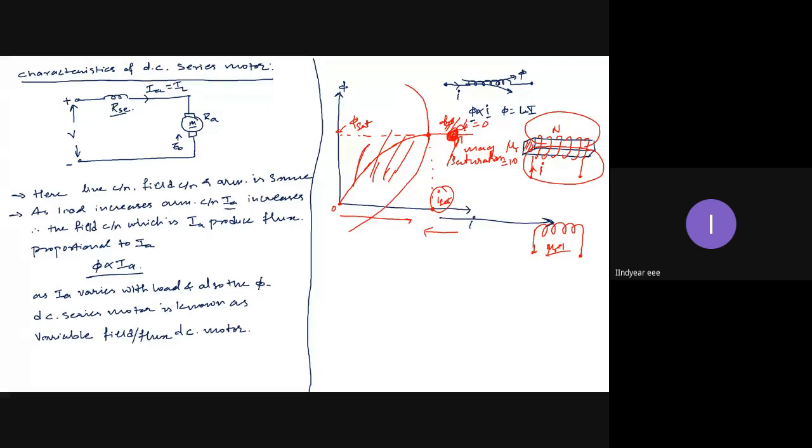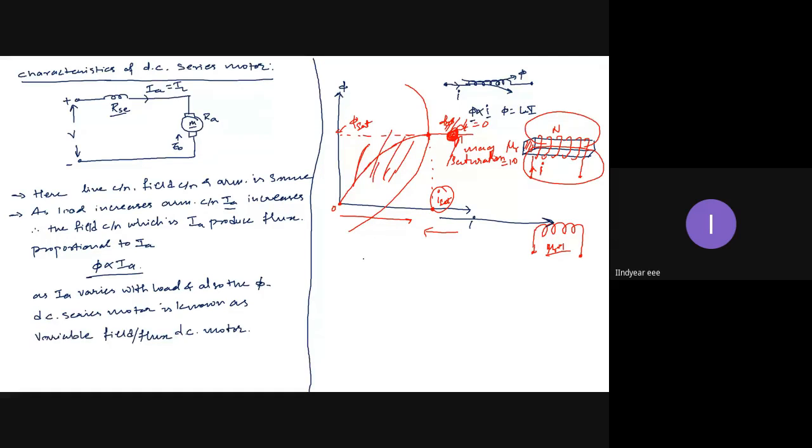We have discussed in the construction of DC motors that I can use a smaller number of turns with a large cross-section conductor. Less number of turns means how many turns? 2 turns, 3 turns, or 4 turns; 2 is less than 3, 1 is less than 2. The number of turns in the series field winding depends upon the saturation point of the field.